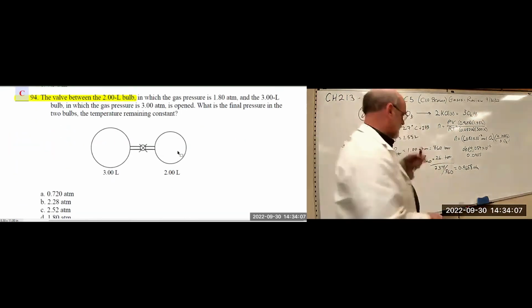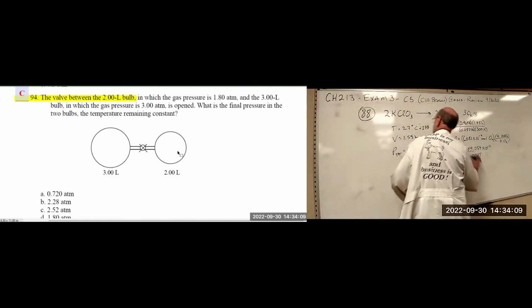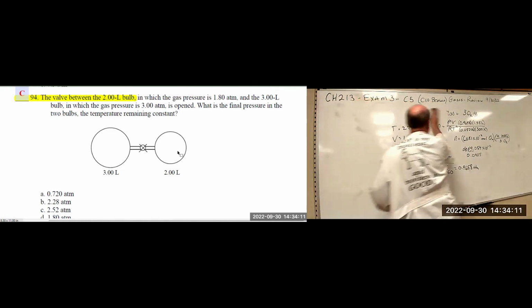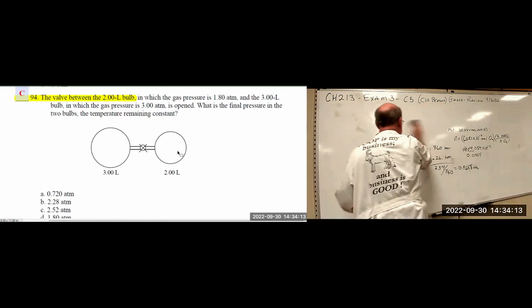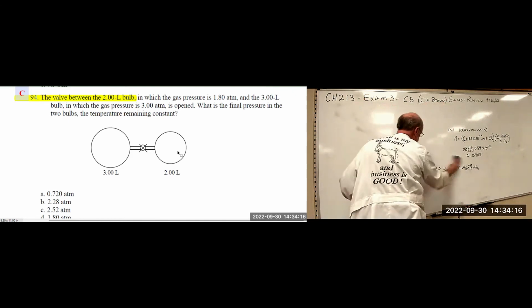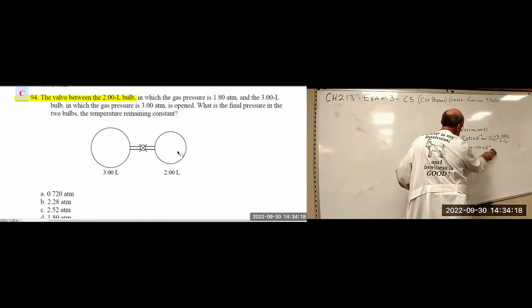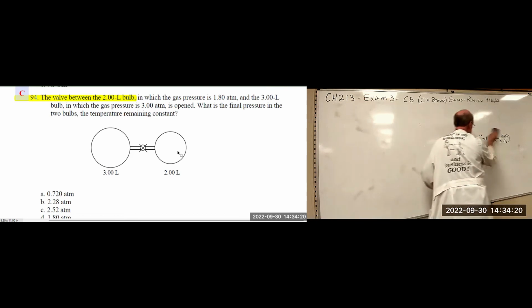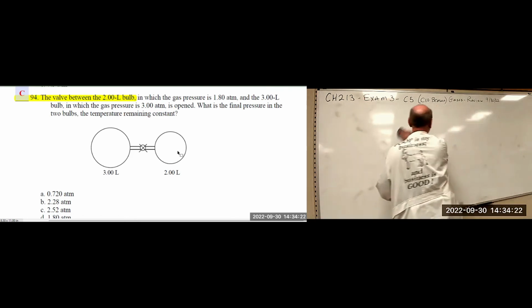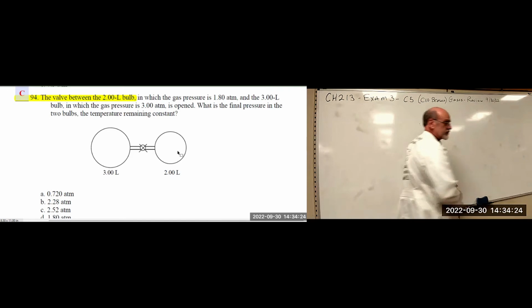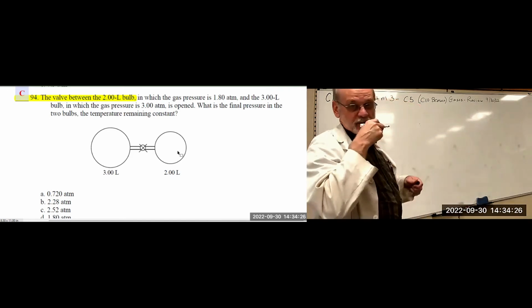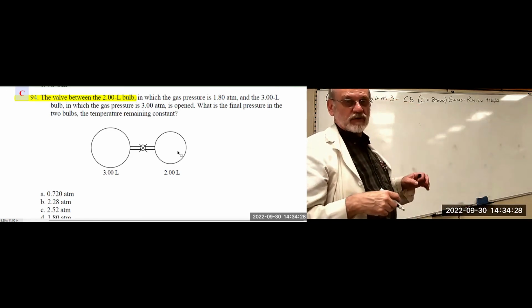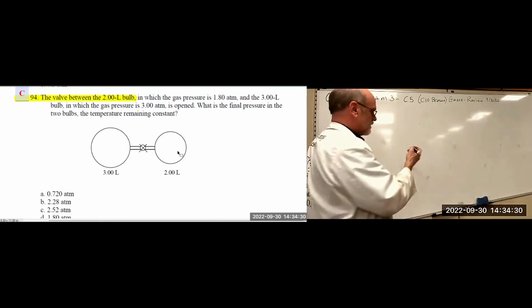All right, 94. So we've been using the ideal gas equation for the past couple of problems and Dalton's law of partial pressures. Now we're going to use Boyle's law and Dalton's law for 94.